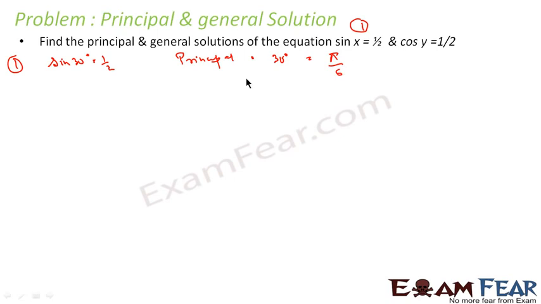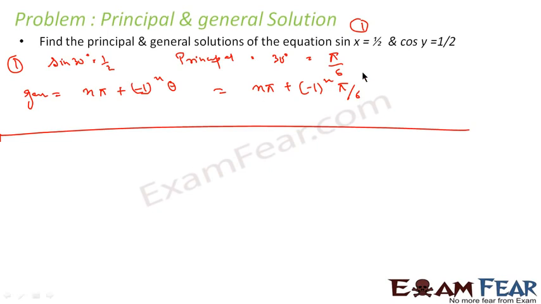Now if we want to find the general solution, we know that for sine it is n pi plus minus 1 to the power n theta, where theta is the principal solution. So this is n pi plus minus 1 to the power n pi by 6. This is the general solution for case 1.